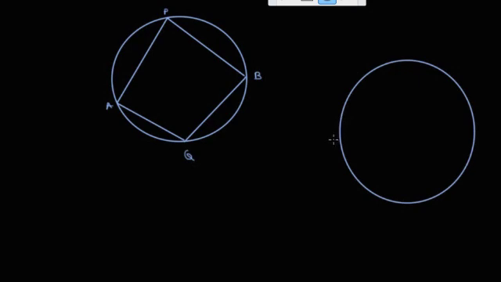Okay, we've got point A, point B, point P, and point Q. Now I'm going to draw another circle because I want to make something clear, and I'm going to put in the details for this part of our diagram in Q.